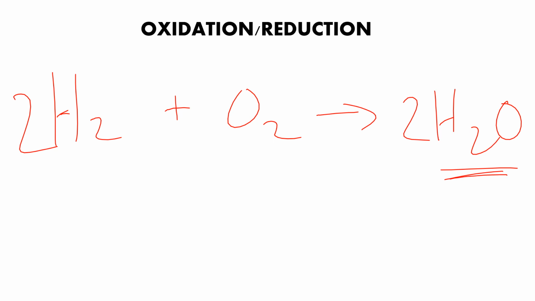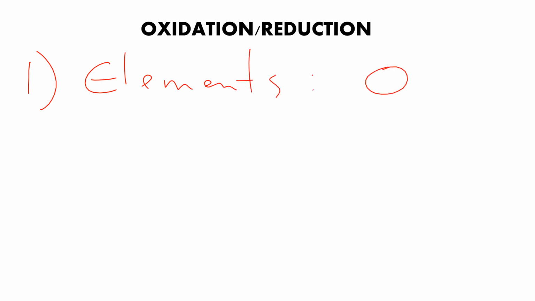So to figure out what's going on here, we have to go back to some rules for assigning oxidation numbers. Now your textbook has got those rules, so it's important to make sure you know those rules when studying oxidation reduction. Some of those rules are elements have zero oxidation number.